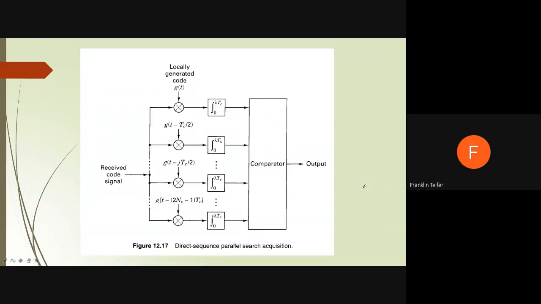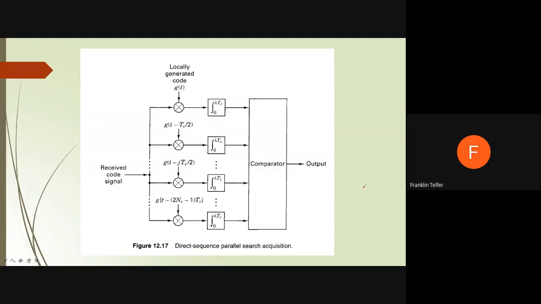So this is the simplest search technique. It considers all possible code positions in parallel and uses an algorithm called the maximum likelihood algorithm to acquire the code. The detected output is nothing but the total received signal plus additional noise.